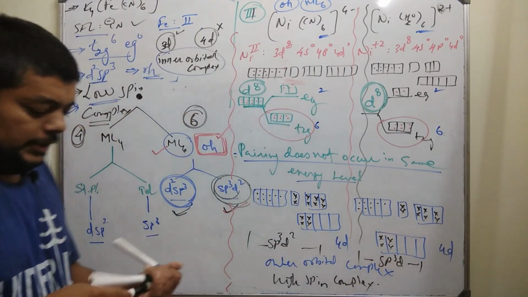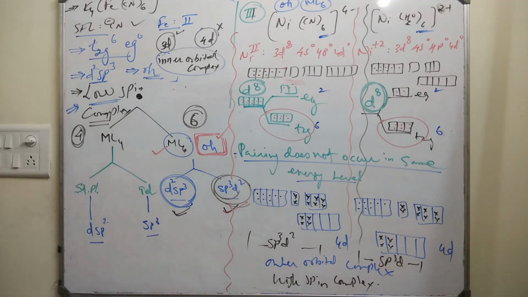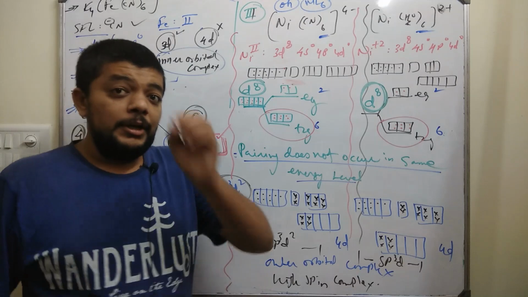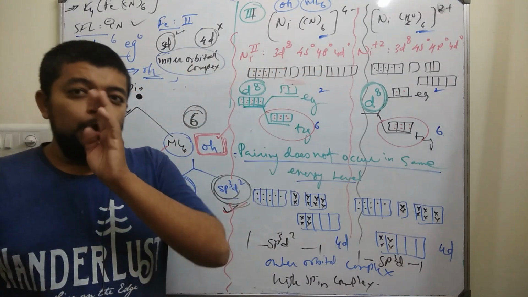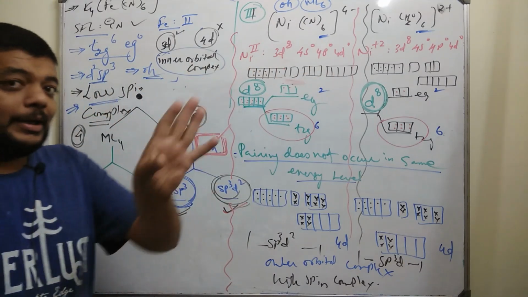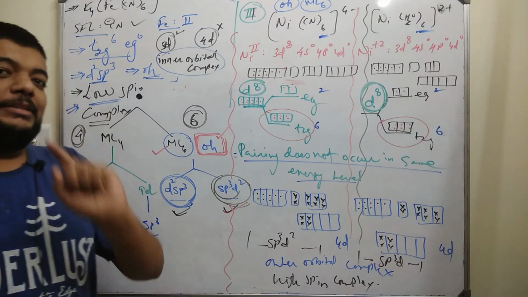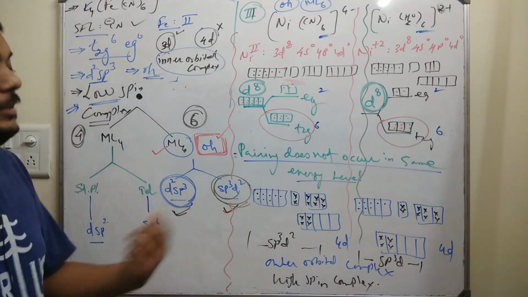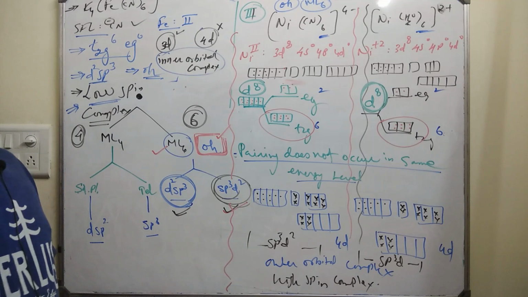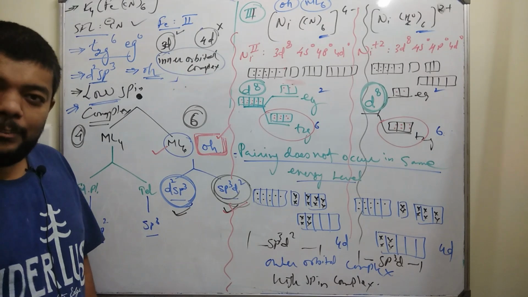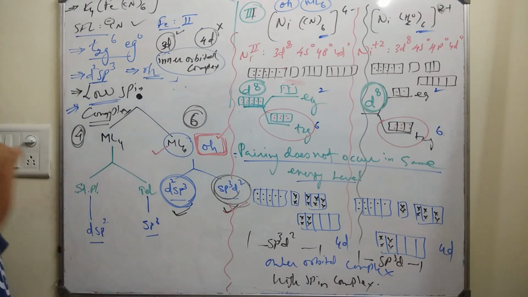So I hope you are clear with these 2 theories, and we can deduce that whenever you have d8 type of geometry, no matter whether it's a strong field or a weak field, our answer is very clear: outer orbital complex, high spin complex, sp3d2 octahedral.